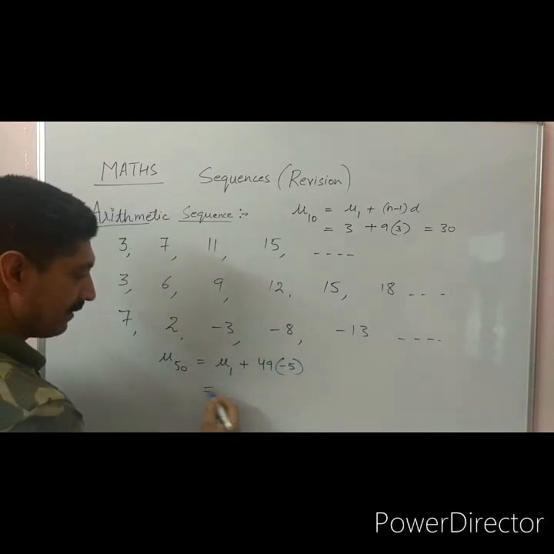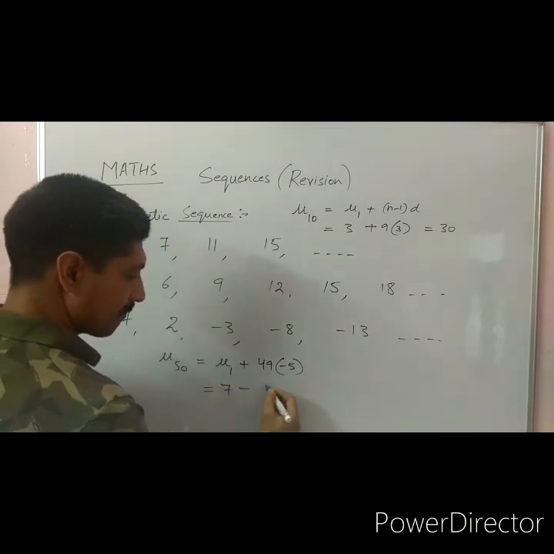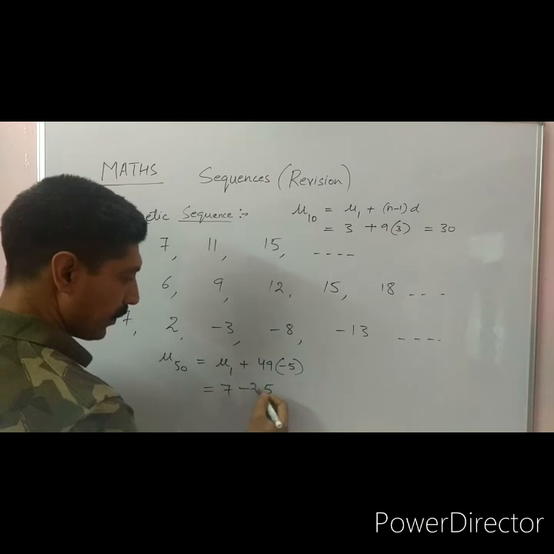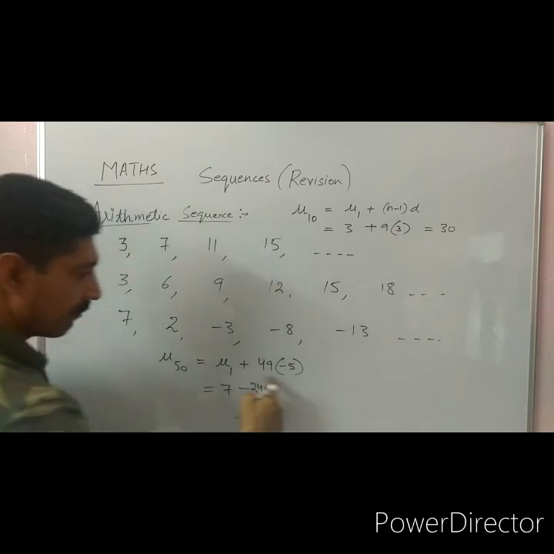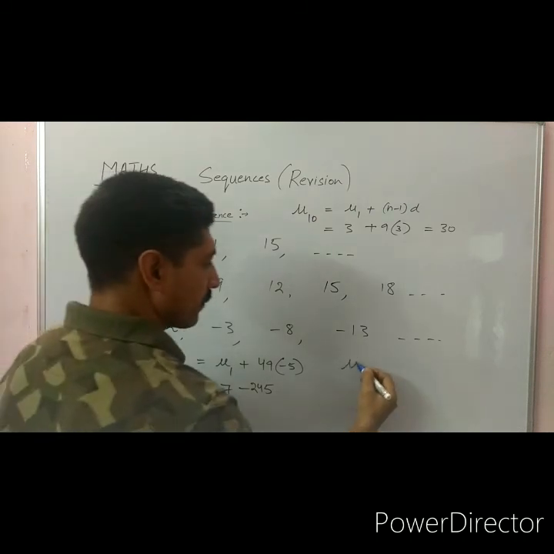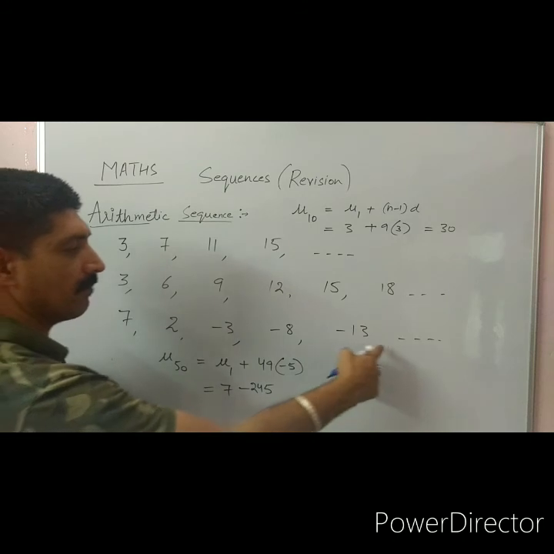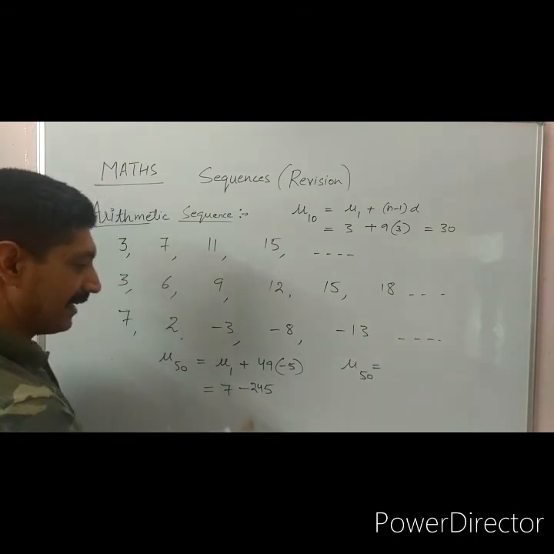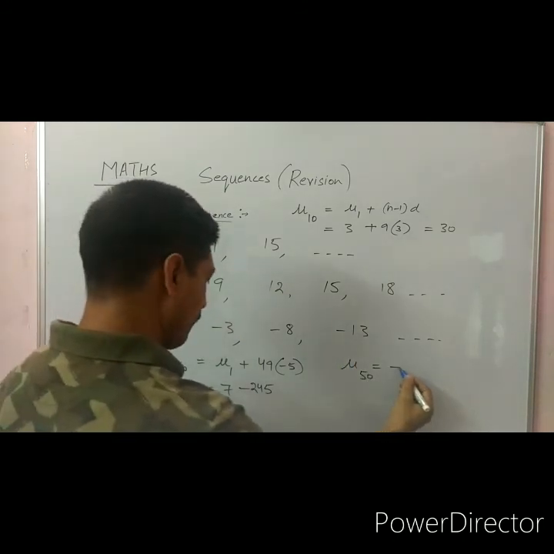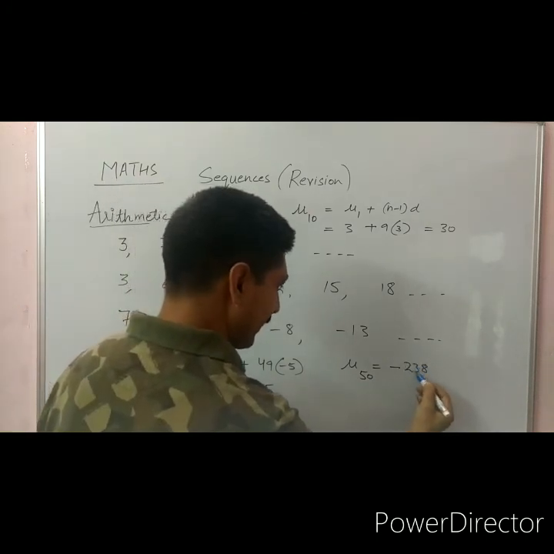U1 here is 7, so 7 minus 245 gives minus 238.